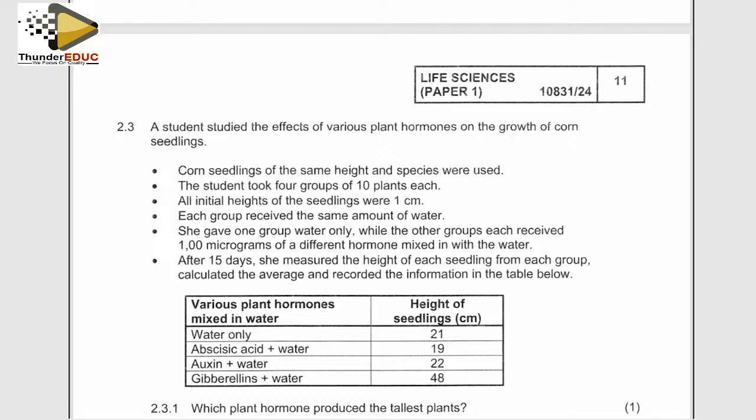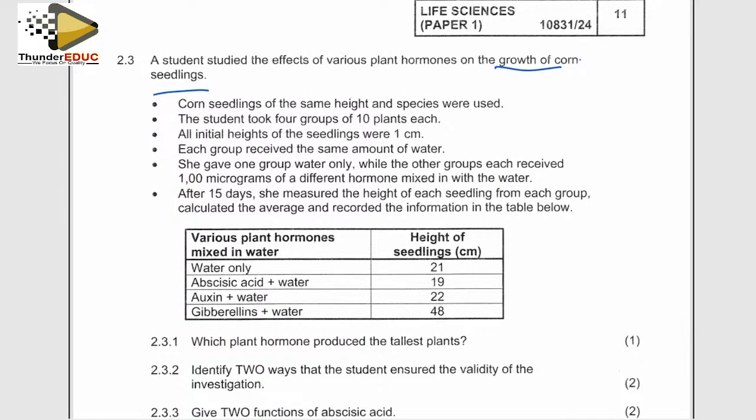Then we go to question 2.3. They're saying that students studied the effect of various plant hormones on the growth of seedlings. I say that this one is going to come as an investigative question. They're considering height, using 4 groups.